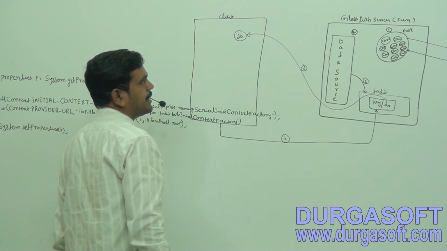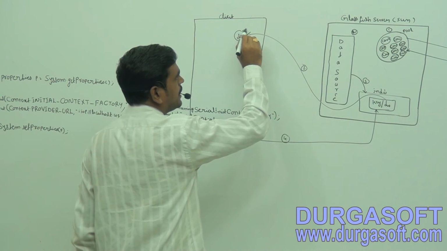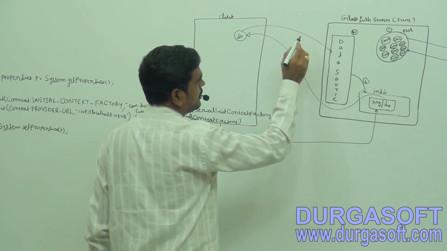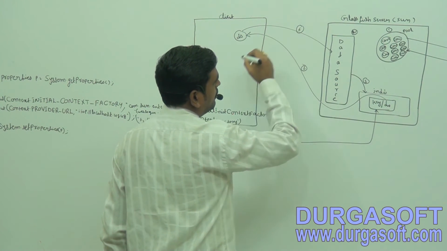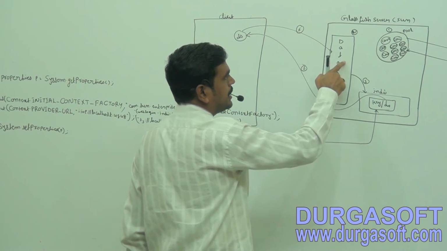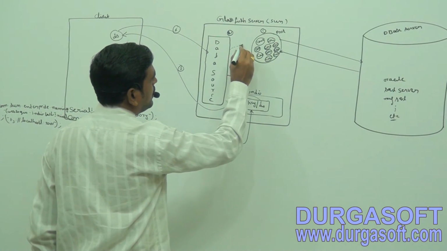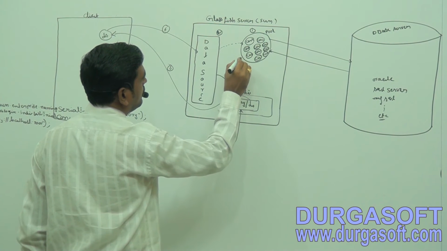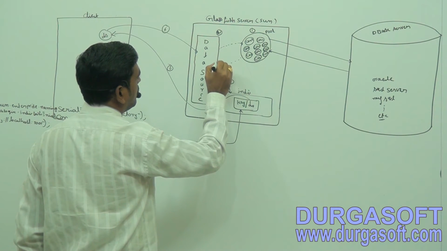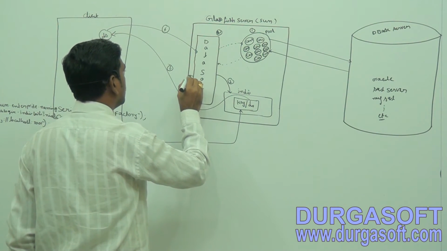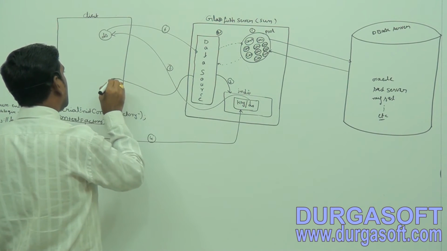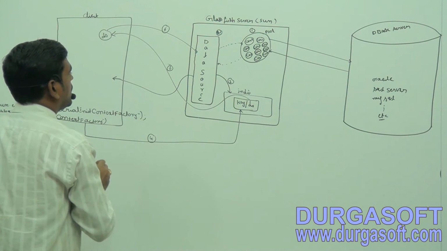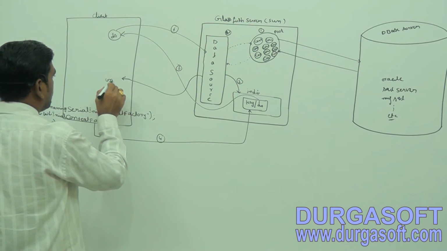After getting the DS, this DS is going to communicate with the data source, and internally this data source is going to communicate with the pool, pick a connection object and give that connection object to our client.